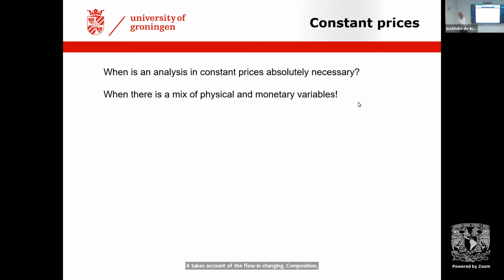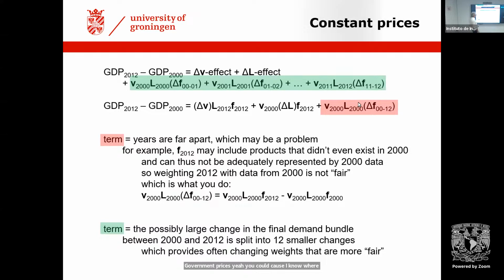Well, great fun, but this was an example about GDP. Could you do this same analysis with tables in current prices? Yes, you could, because I know exactly where the crucial mistakes are.